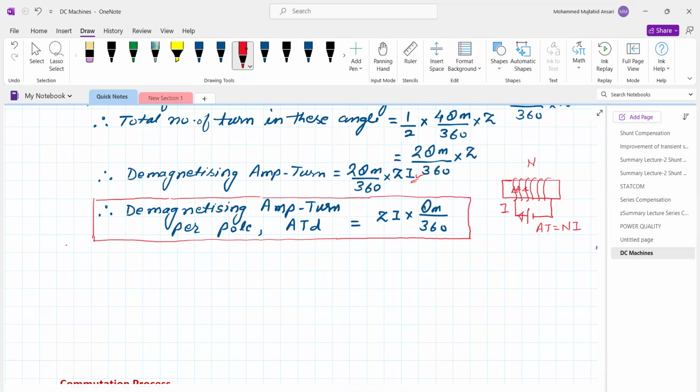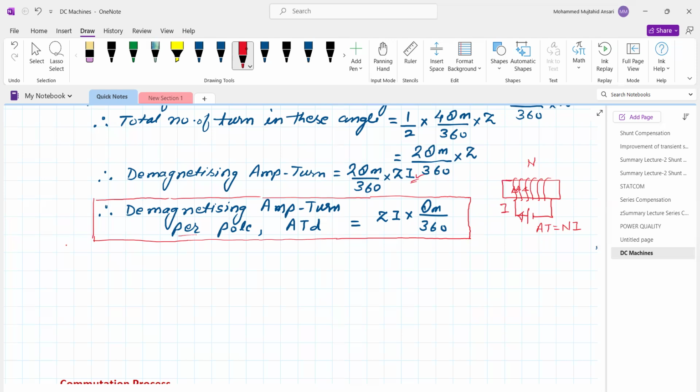Now we have calculated per pole, so this 2 also becomes 1, and this much ampere turns produces the demagnetizing armature reaction effect.